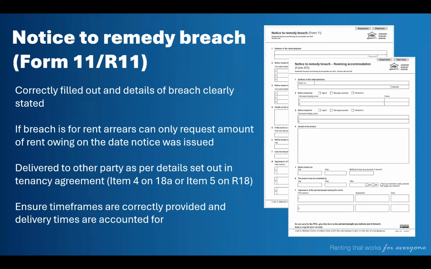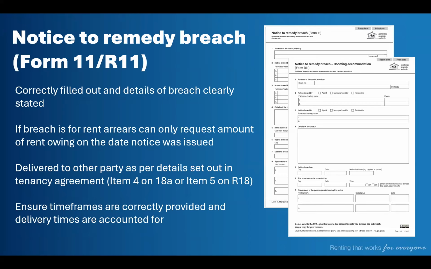Part 4 of the General Tenancy Agreement, or Part 5 of the Rooming Agreement, should set out details for how notices can be issued to either party in the agreement. Please ensure you are delivering the breach notice as per the details provided on the agreement. And finally, check that the dates you are including on the notice are correct and the right timeframes are being provided.